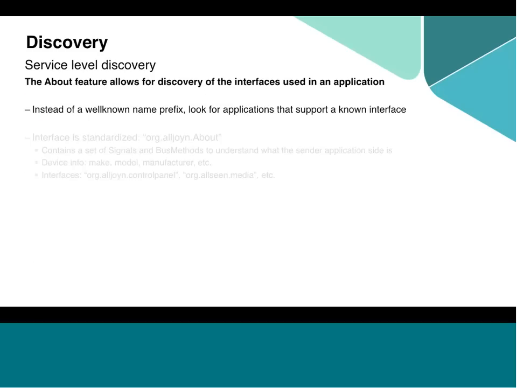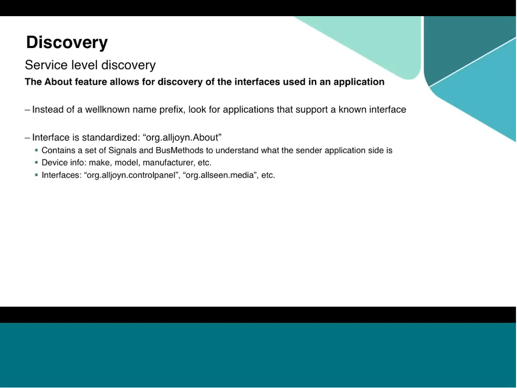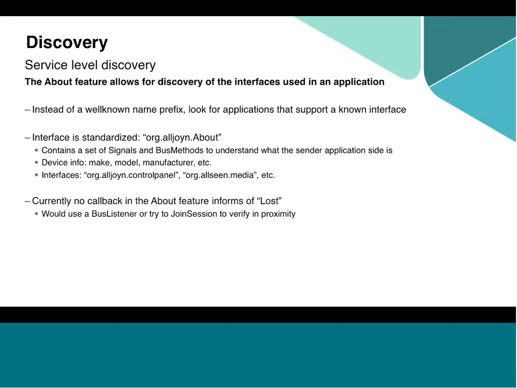So the other piece of discovery is, again, using that about feature. And with that, you have the ability to find all those interfaces that you're interested in. Once that's happened, you're able to then join and connect just as if it was a WellKnown name, but there's one caveat. With a WellKnown name, you get the understanding that something has left the network, but using the about feature, there's no lost direct information.